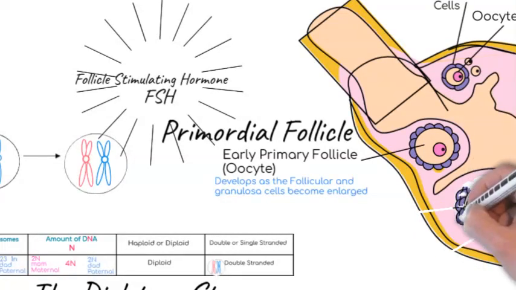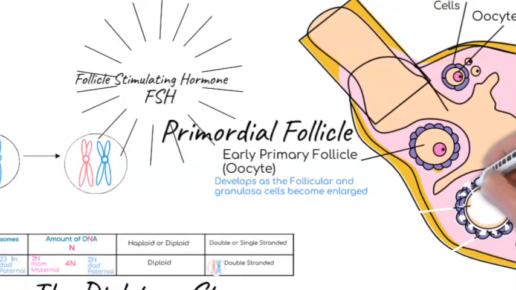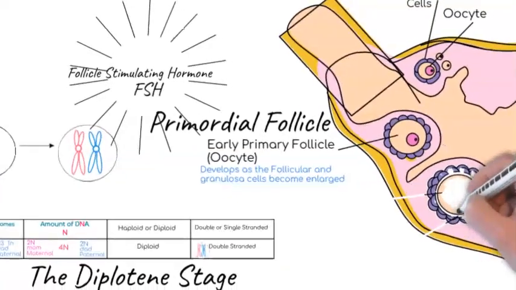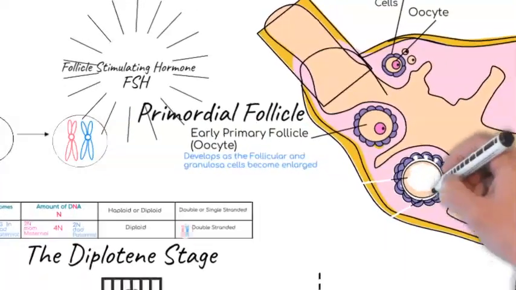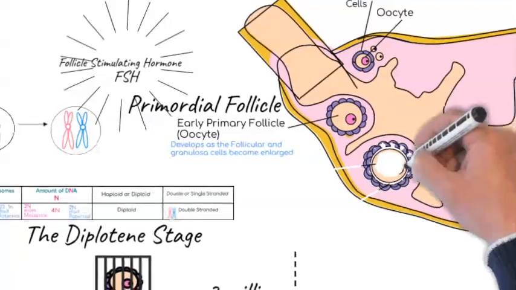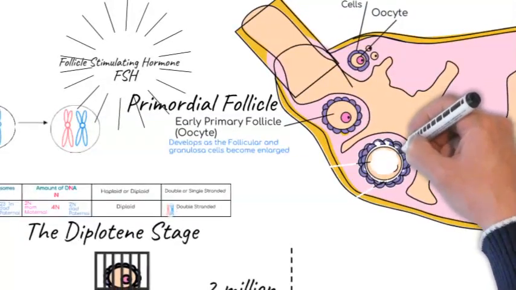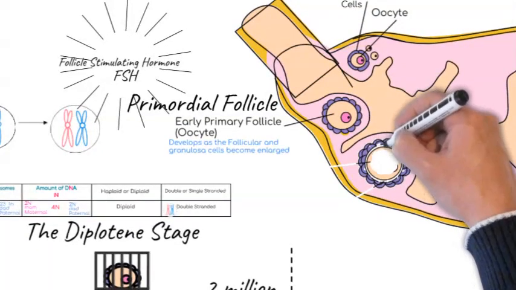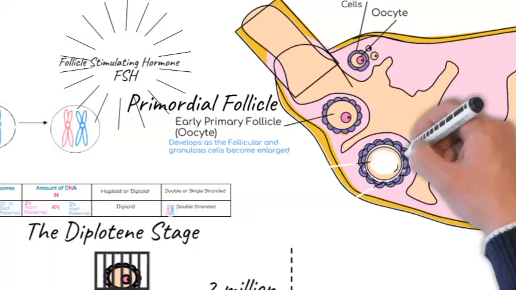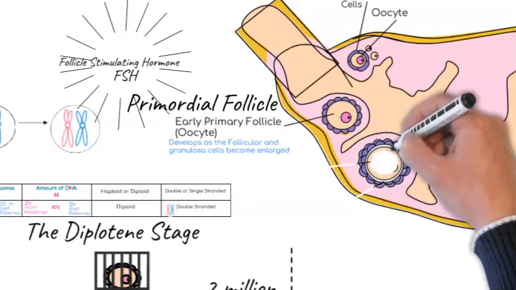They look like cubes now rather than flattened cells. Now instead of a primordial follicle, we call it a growing follicle.